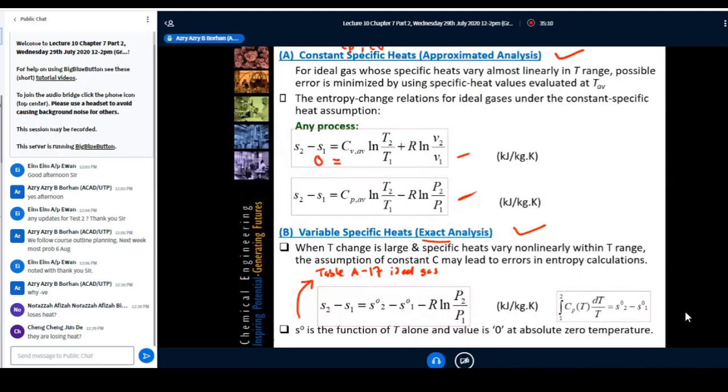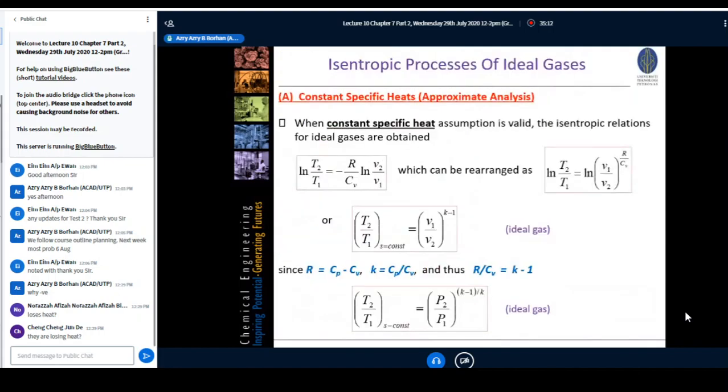So when it becomes 0, you end up with this expression: ln T2 over T1 equals minus R over Cv times ln V2 over V1.